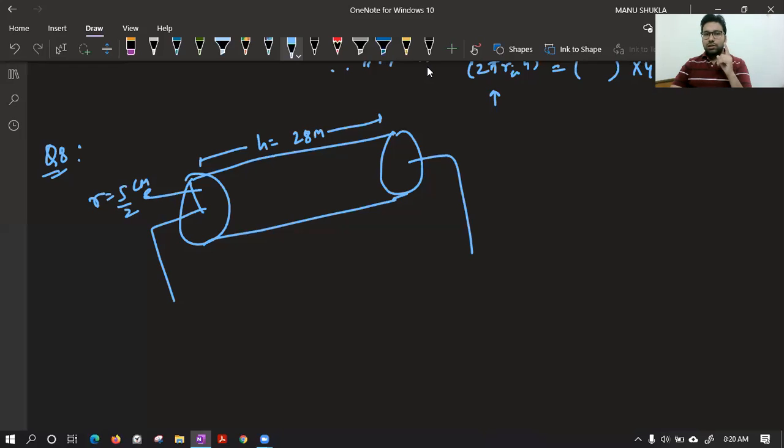We will convert either this into meters or this into centimeters. Let me convert this. It becomes 2800 centimeter. Now the question is how to take the radiating surface. Should we take the curved surface area as the surface which is radiating the heat, or shall we take the side portion also?